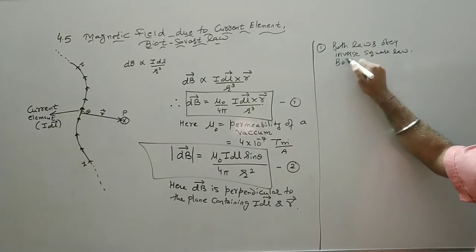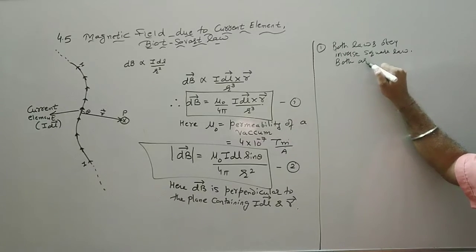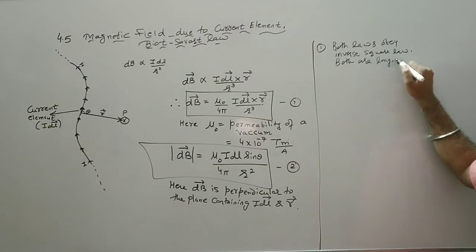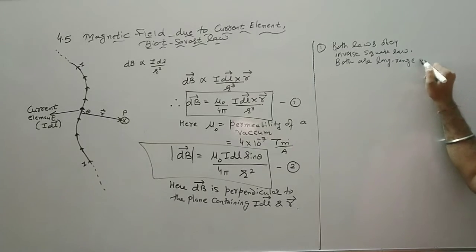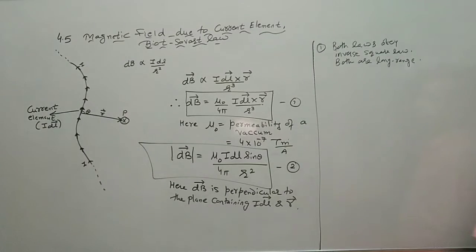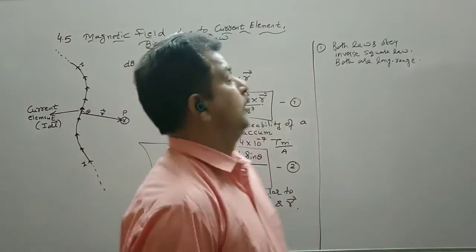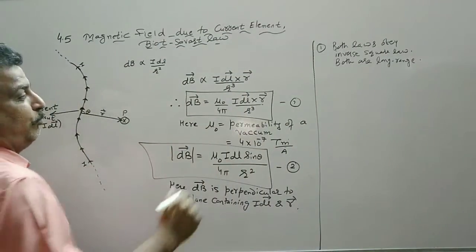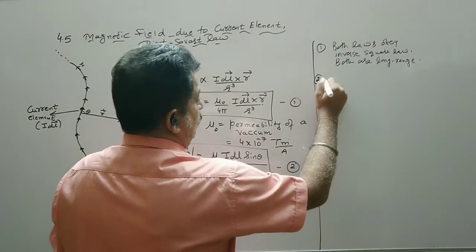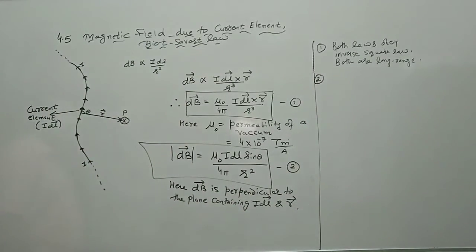Then both are long range. Because they are inversely proportional to the square of the distance, they are long range forces, or we can say the range is very large.